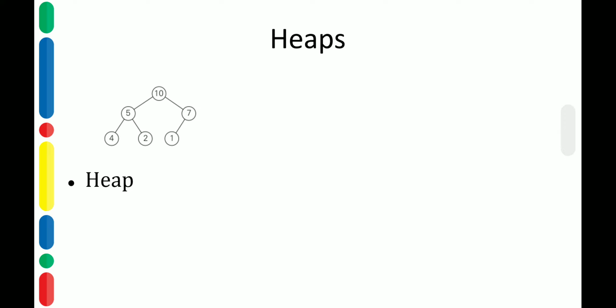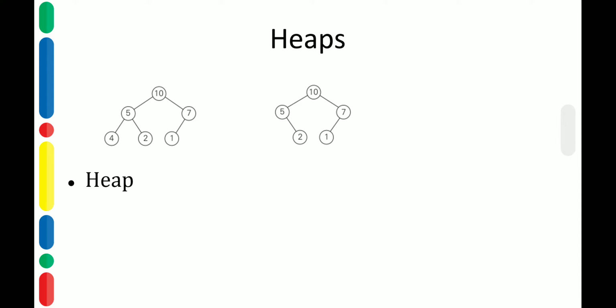Next, let's look at another binary tree. In this case, you see that this is a binary tree, and even the parental dominance is satisfied. Every node is greater than its child node. However, we can't call this a heap because here the first property, the shape property, is violated.